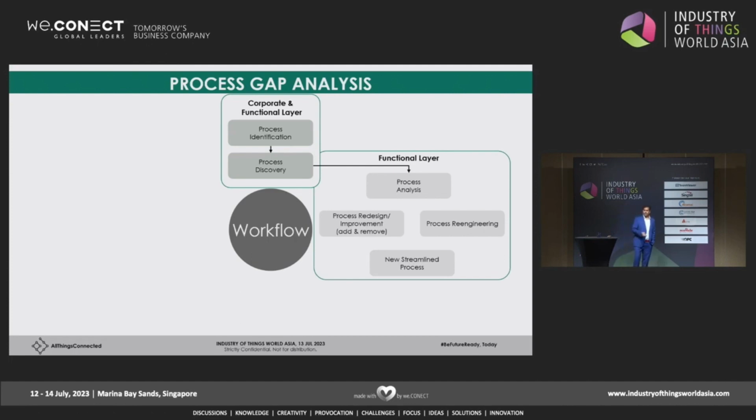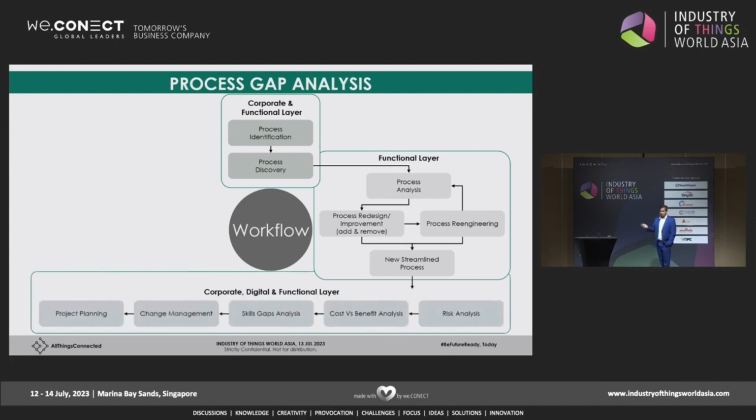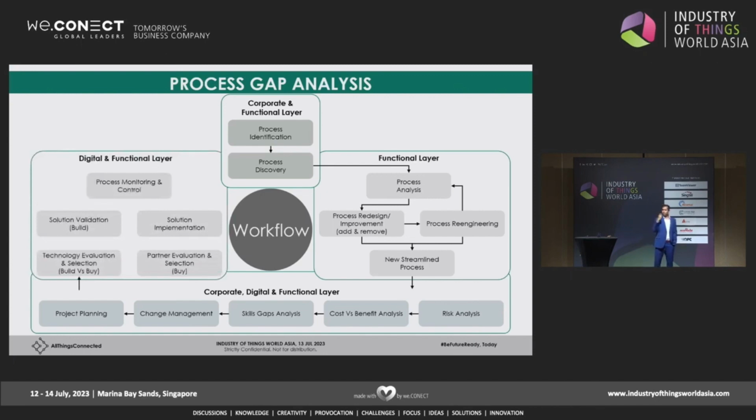Once we look at all the process detailing, we look at how the new streamlined process could be digitized, whether it's a simple AI tool or RPA tool or whatever. After that, we look at the detailed assessment of the usual project planning, skills, capabilities, everything. And then finally, let's pull the partners together to solve it, right? In that process we also decide build versus buy, test it out, and repeat, right? So that's how we approach the first part of defining what a smart factory is.